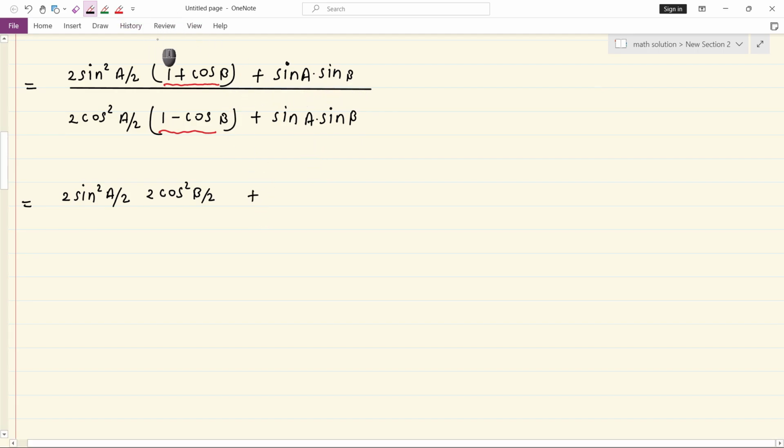What is the formula of sine 2 theta? You are familiar with this formula. Let me write here. Sine 2 theta equals 2 sine theta cos theta. In place of sine 2 theta, if it is only theta, then we are going to write 2 sine theta by 2 and cos theta by 2. Same thing we are going to do here.